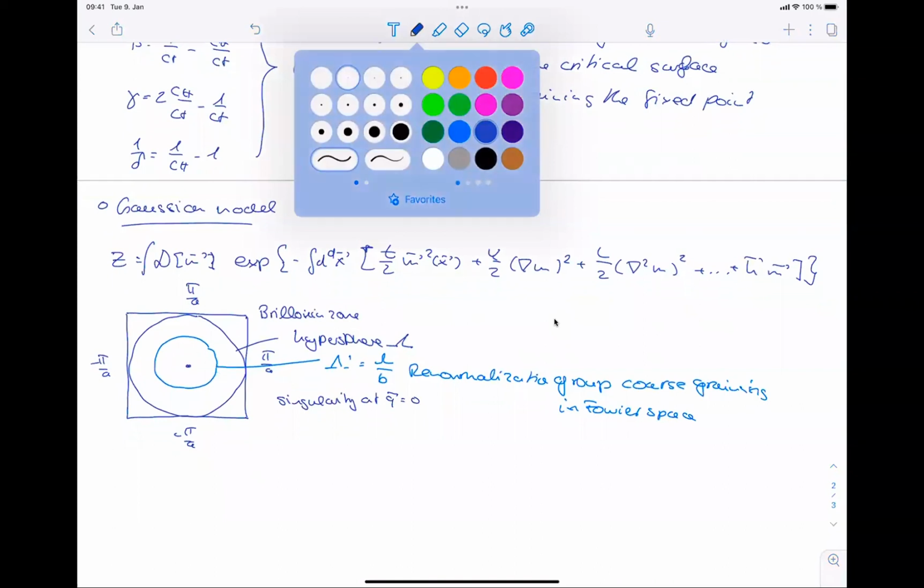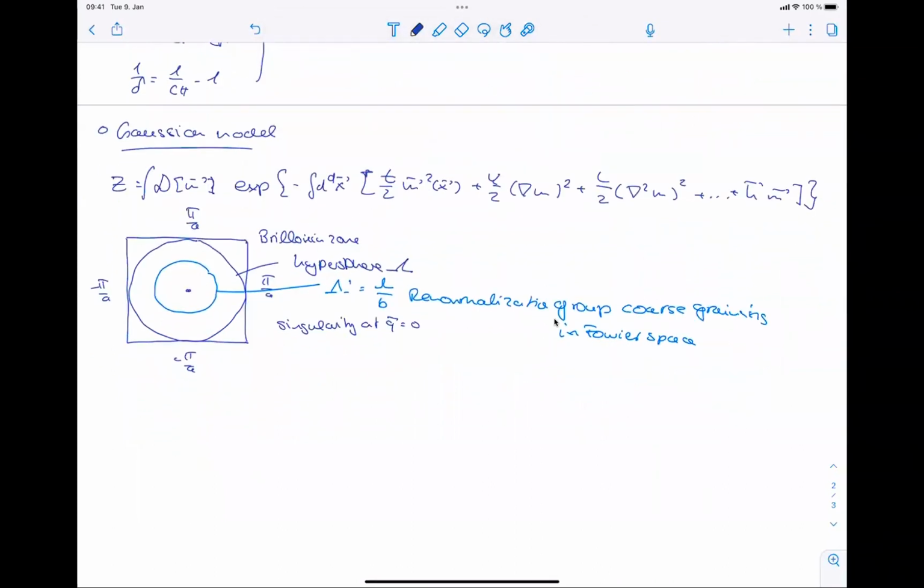And with that in mind, we arrive at the renormalized partition function.